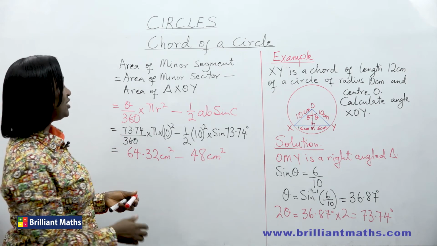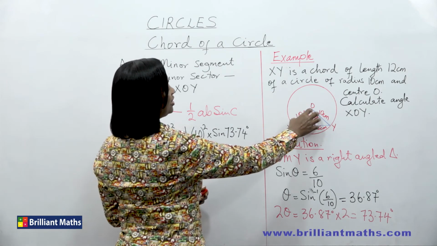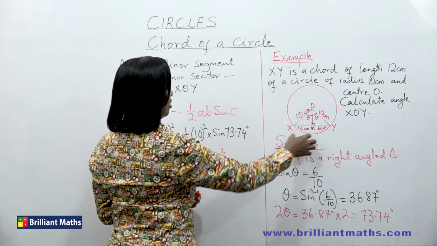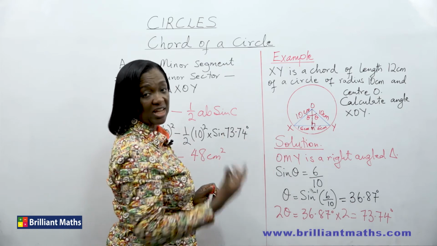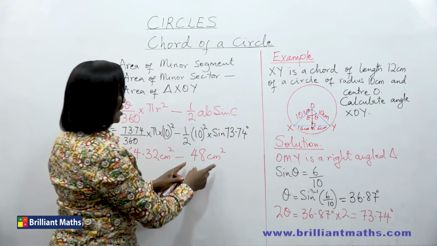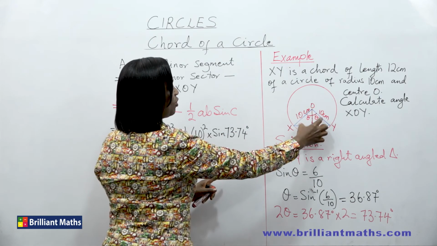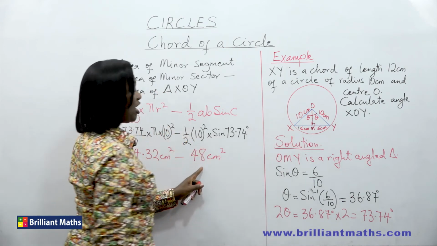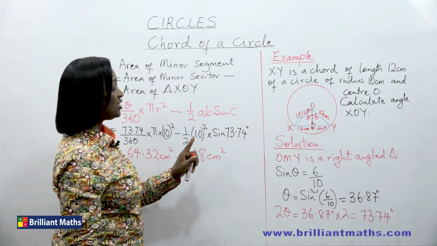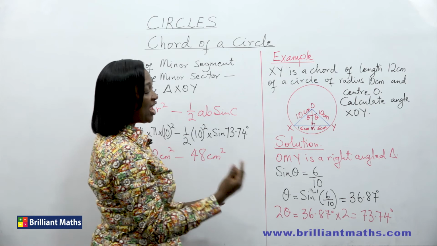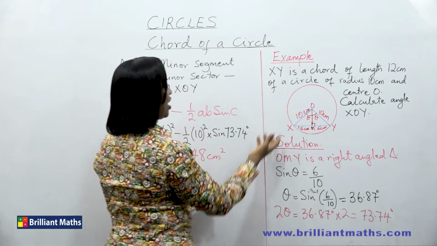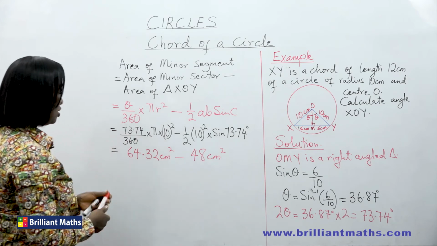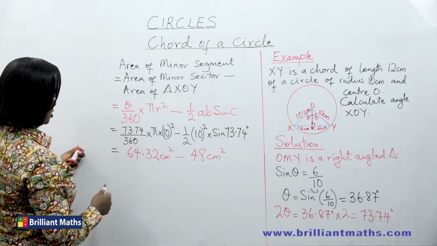So what that means is the entire sector has an area of 64.32 centimeters squared. But the triangle, the one in blue, has an area of 48 centimeters. So to find the area of the segment, we subtract the area of the triangle from the area of the sector. So let's do this subtraction.